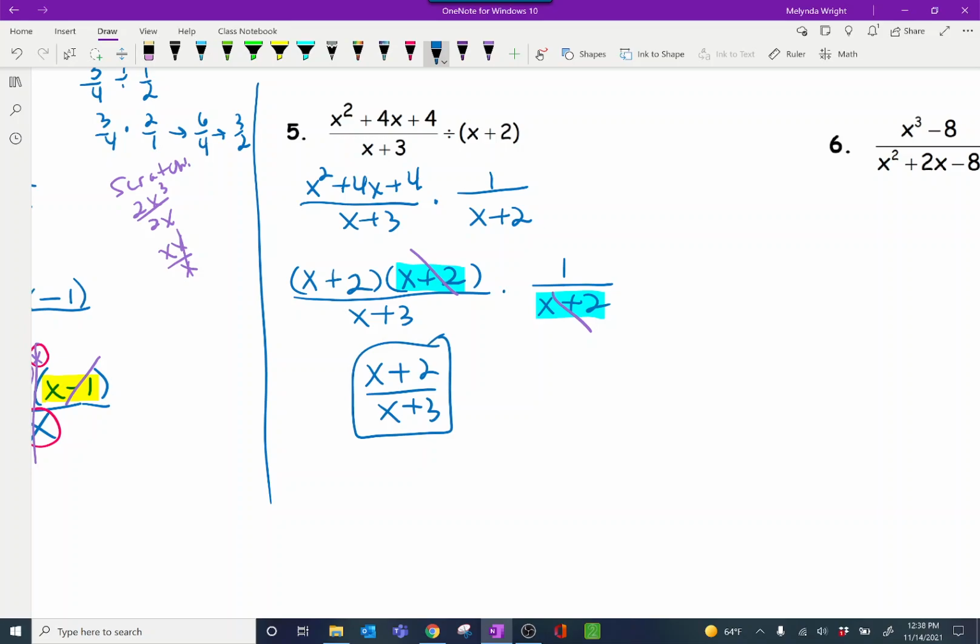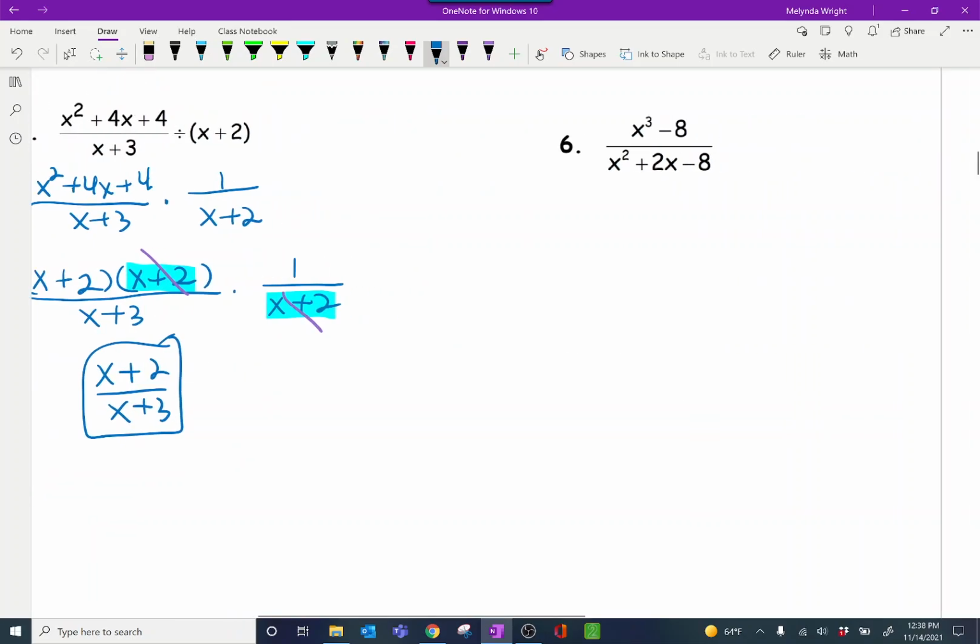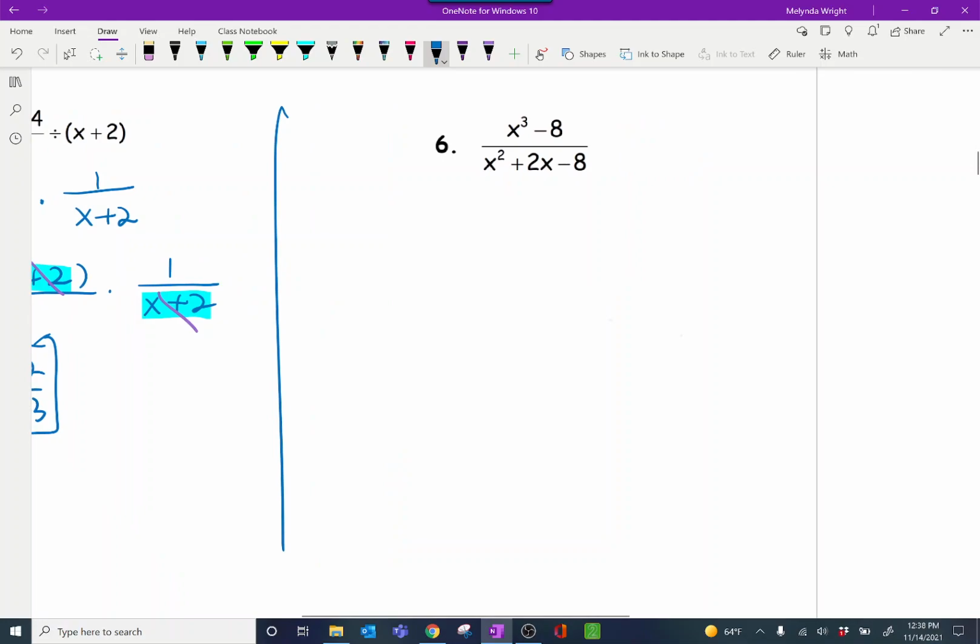All right, last one. Got one more. Ooh, this one looks fun. So, I've got adding and subtracting, so that means we have to factor. Hopefully you remember this factoring pattern from just a few days ago. We've got the difference of perfect cubes. Remember that?